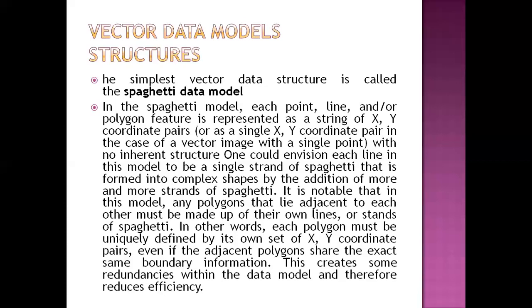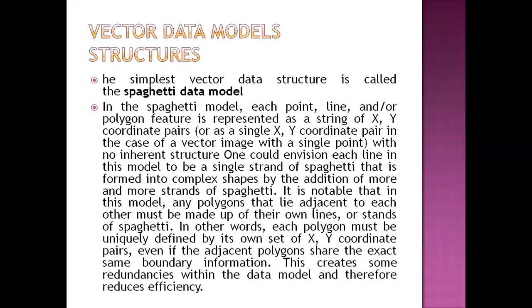With no inherent structure, one could envision each line in this model to be a single strand of spaghetti that is formed into complex shapes by the addition of more and more strands of spaghetti.